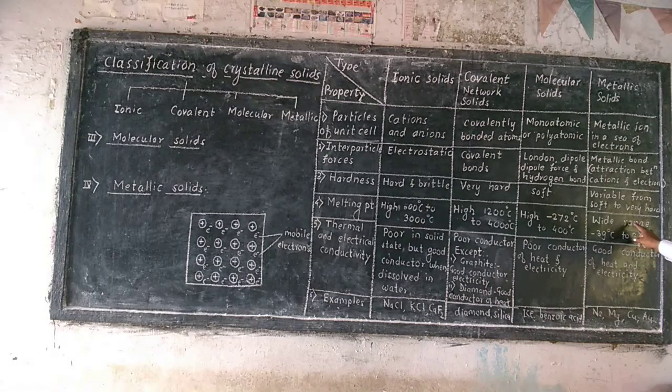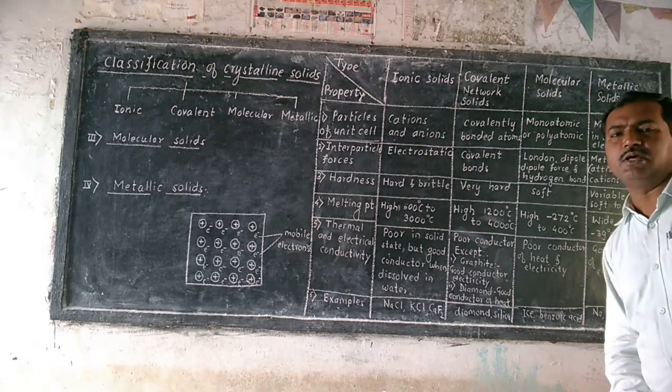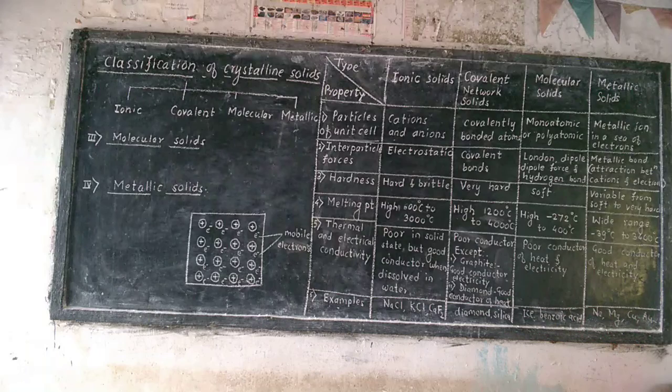There is wide range of melting point from minus 39 degrees Celsius to 3400 degrees Celsius. Then they are good conductors of heat and electricity. And metals, here some soft metals like sodium, magnesium, and hard metals like copper, gold, silver.